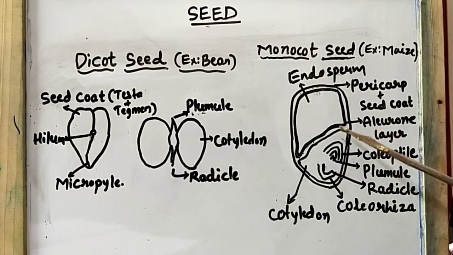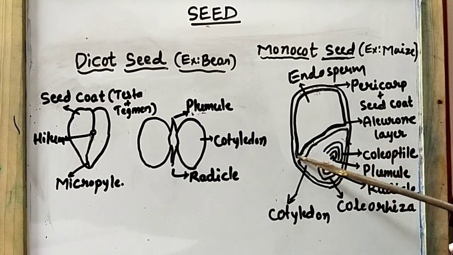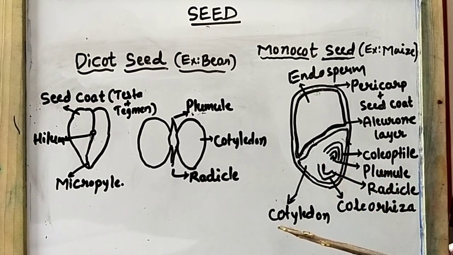Below this endosperm, what do we have? We have a single cotyledon. The single cotyledon of the monocot seed, what is it known as? It is known as scutellum.